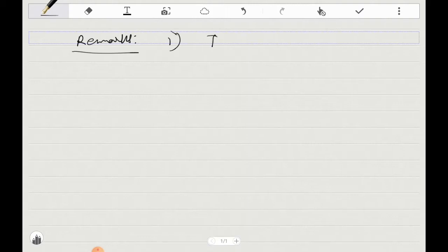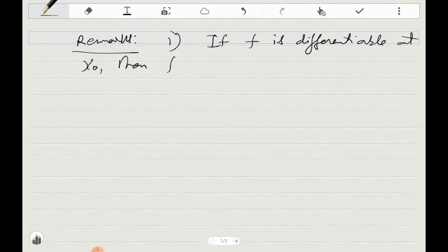If f is differentiable then f is continuous at x naught. And the proof of this is the same as the one variable proof.